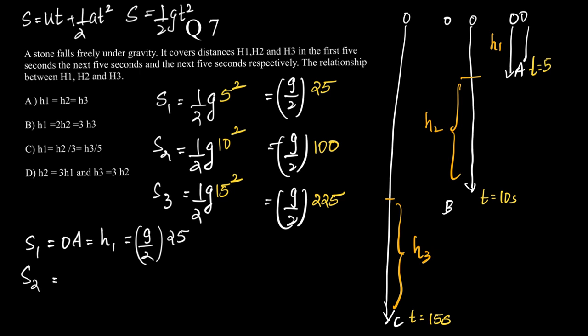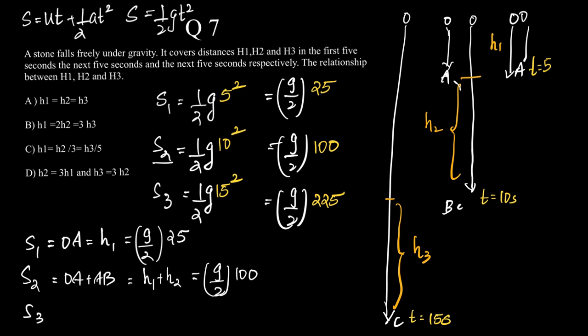What is S2? S2 is distance traveled in the 10 seconds, which is this much OB. What is OB from the figure? It is OA plus AB. If this much is OA, then OB will be OA plus AB, which is equal to H1 plus H2. But what is S2? S2 is G by 2 into 100.